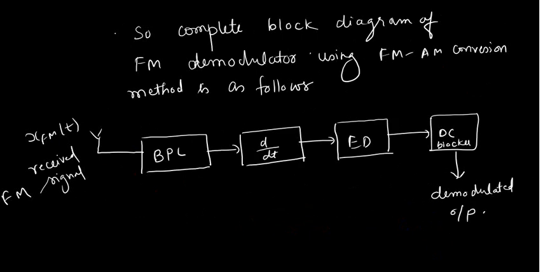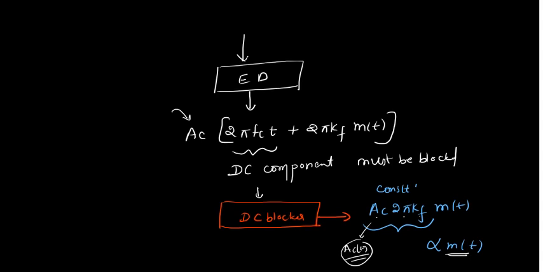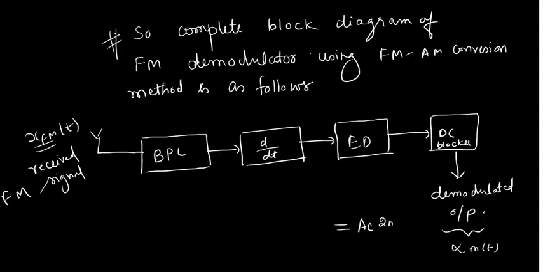So, the complete block diagram of an FM demodulator using FM conversion is as follows. We receive a frequency modulated signal, we pass it through a band pass limiter, then we differentiate it, and we take its envelope, and then we pass it through a DC blocker, and we get a demodulated output that is directly proportional to m(t), or precisely, Ac 2π k f m(t).